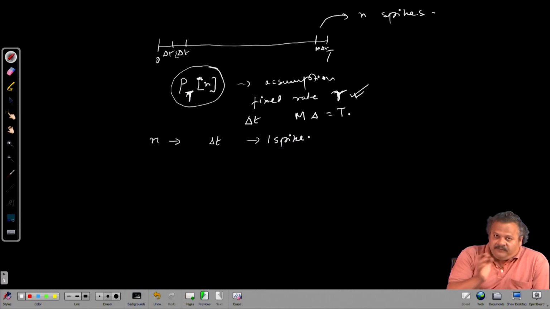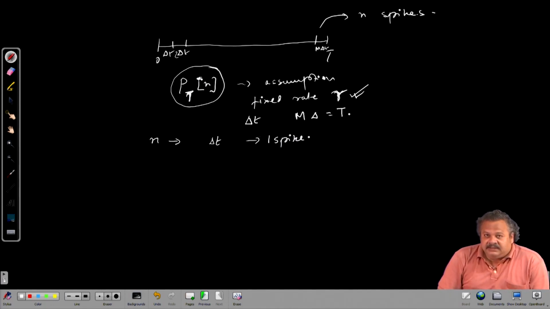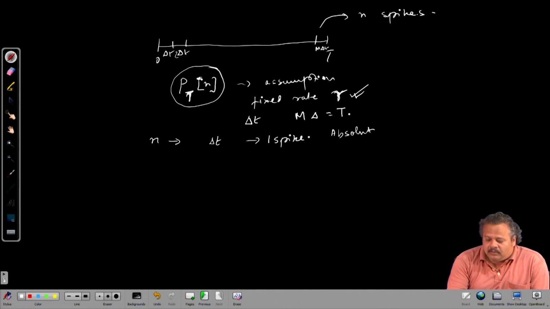Now, from our previous section, we know that there is such a delta T given by the absolute refractory period of a spike.